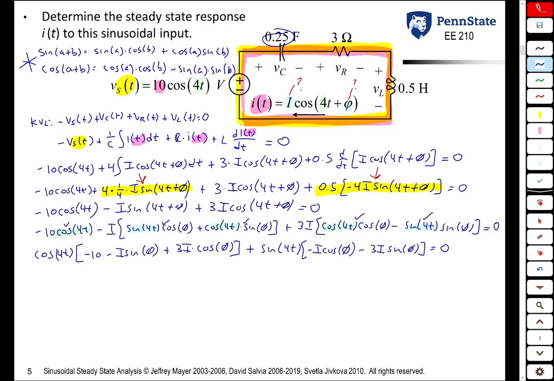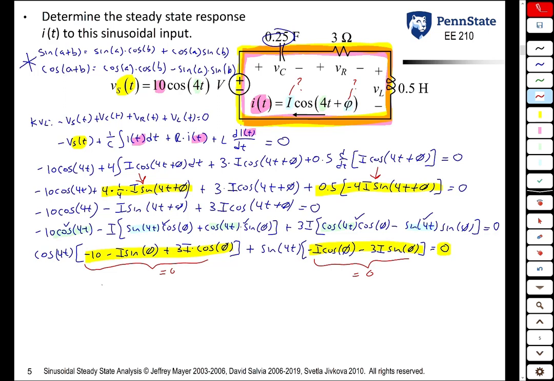For this whole expression to equal 0, what this means is that these two things in brackets must both be equal to 0. Because cosine of 4t certainly is not always 0, and sine of 4t is certainly not always equal to 0. So the only way this expression can be equal to 0 is if this thing equals 0 and this thing equals 0. So let's look at this second one first.